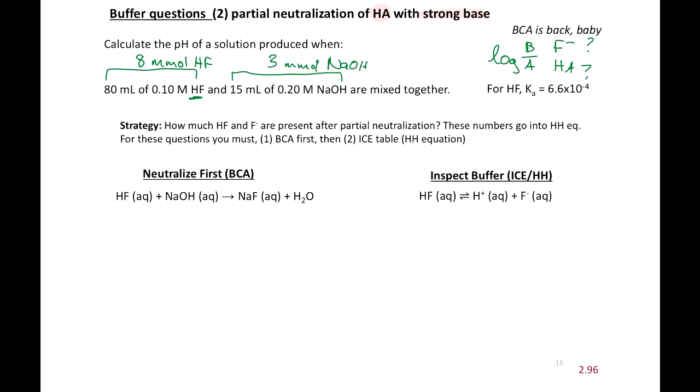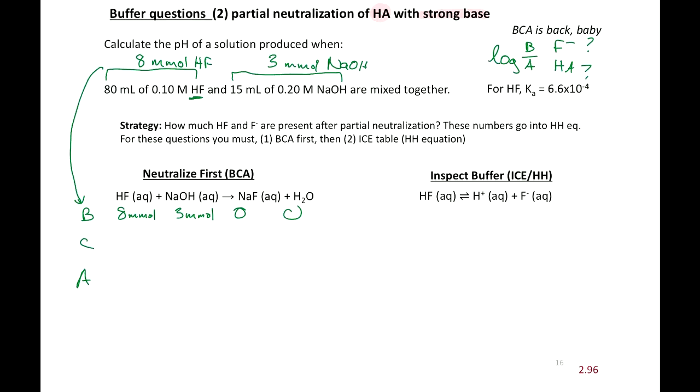So this is where the BCA table comes into play, where these millimole amounts go into the before line. So I have 8 millimoles of HF. I have 3 millimoles of sodium hydroxide, and I have 0 of that stuff, right? Remember, in BCA tables, we're not predicting the direction or anything. We want to consume the limiting reactant, and then that dictates our change line.